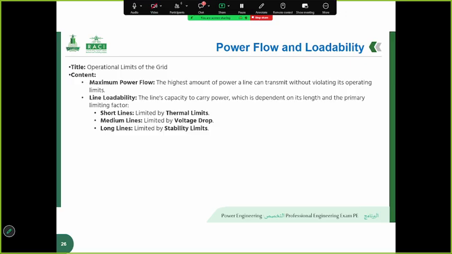The maximum power that can be transmitted is therefore limited by the system's ability to maintain stability under these dynamic conditions. Understanding these different limits is crucial for planning and operating the power grid, ensuring that each line is utilized to its full potential without compromising system safety and reliability.